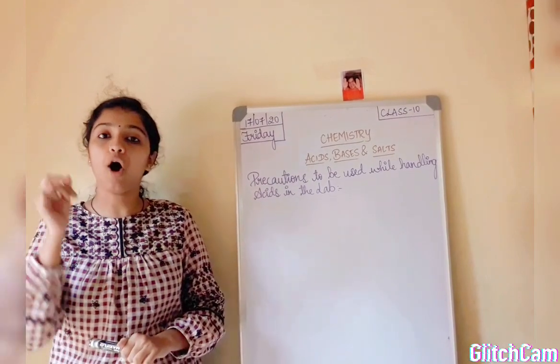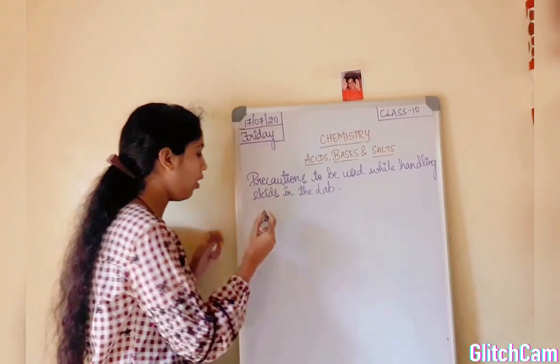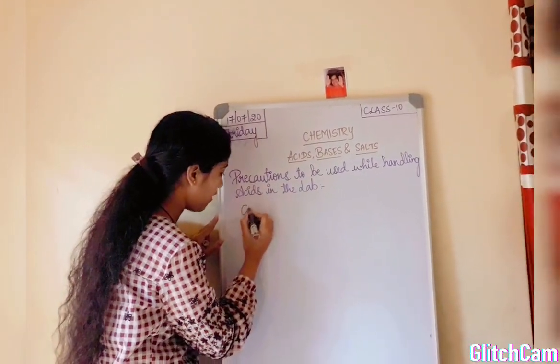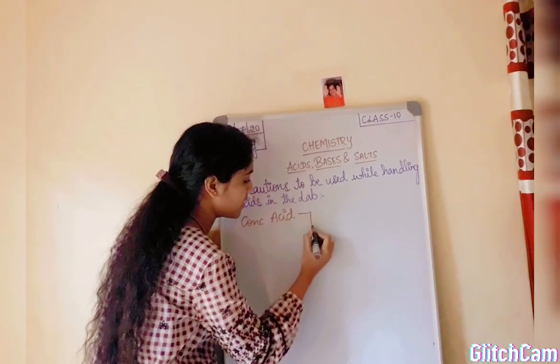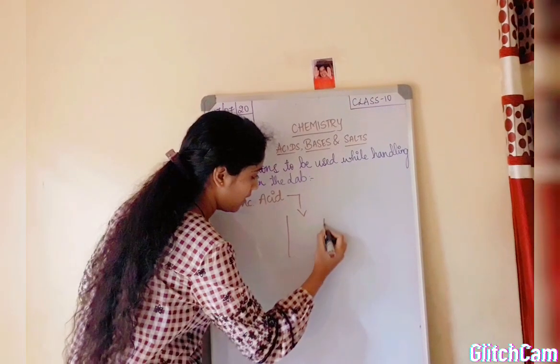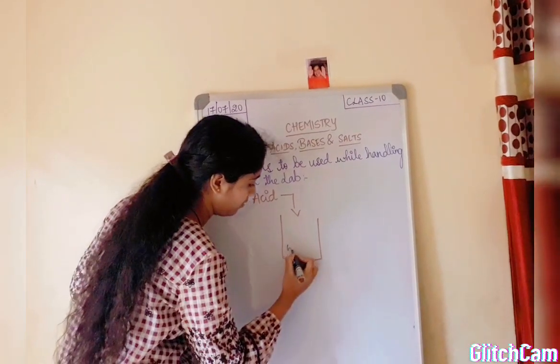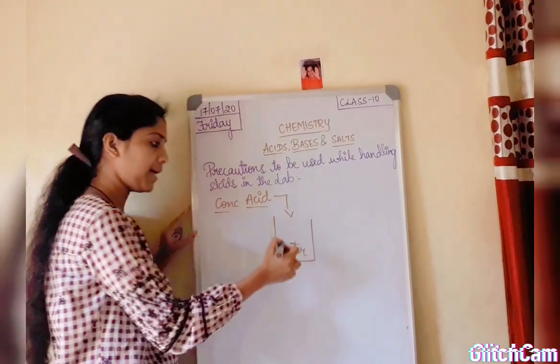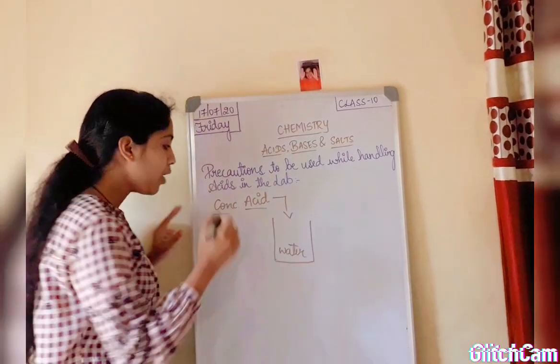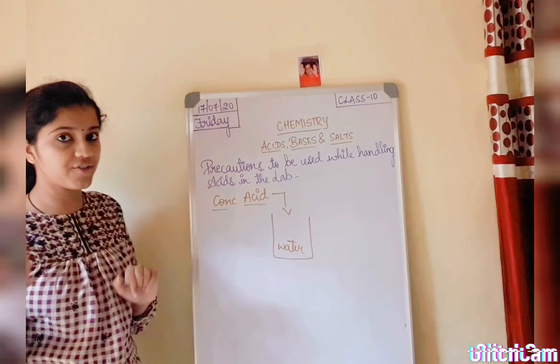Second thing, we must always add concentrated acid into a beaker of water. Always the concentrated acids must be added to water, but water should never be added to concentrated acids.